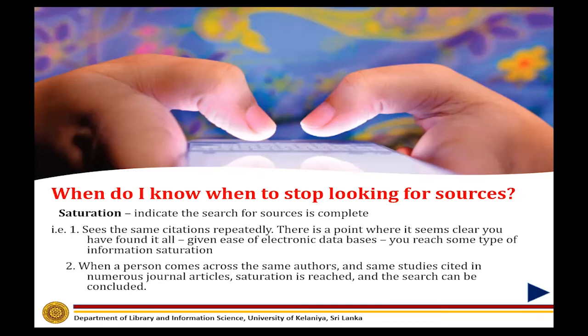Do not waste a long time on searching, and stop when you have reached the saturation level. How could you identify it? When you search again and again, you find the same articles and the same authors everywhere. Whether you use different keywords or synonyms, if you end up with the same search results and familiar journal articles, that means you have reached the saturation level. So stop searching and move to the next stage.